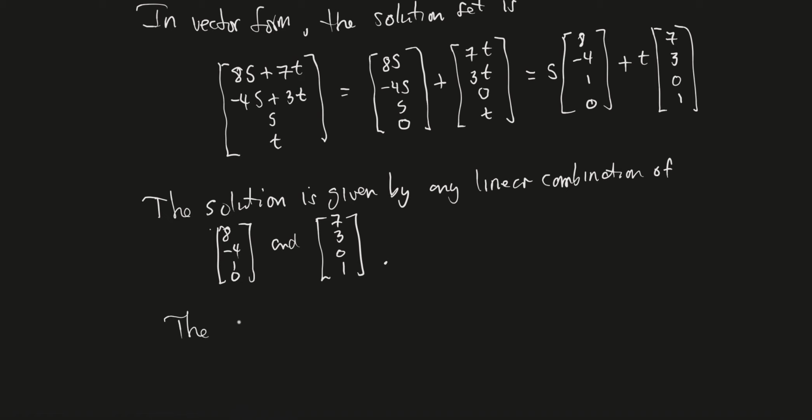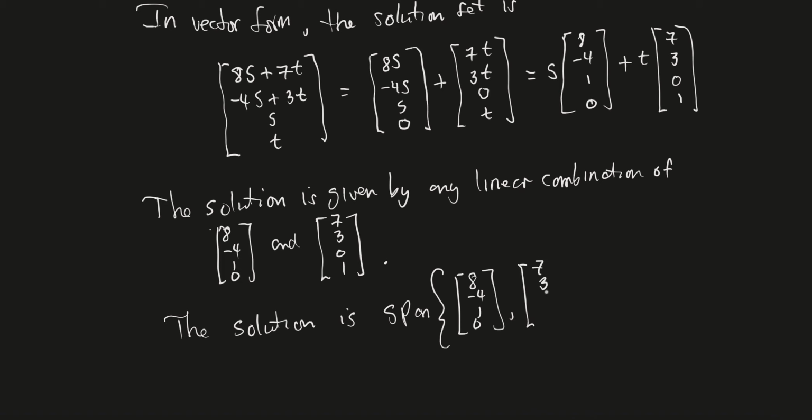So we can actually say this, right? The solution set, or the solution, is actually the span of these two vectors. So 8, -4, 1, 0, and 7, 3, 0, 1, right?